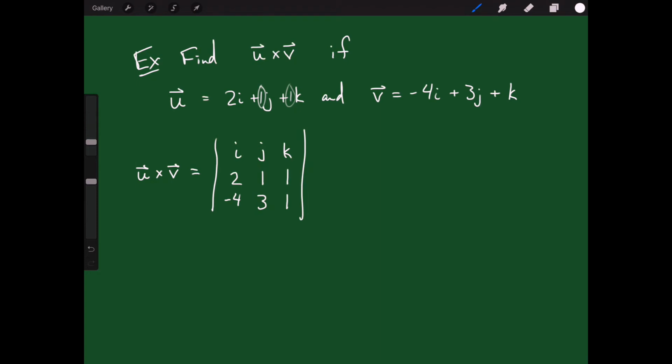So let's do it. So I'm going to use the horseshoe method, so I'm going to start here. So I get 1 times 1 times i, so i. Then I go horseshoe here. I get -4 times 1 times j, which is -4j. Then I get the third horseshoe, which is right here. 2 times 3 times k is +6k.